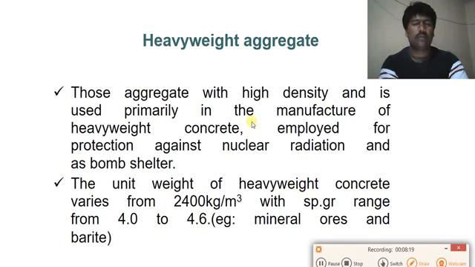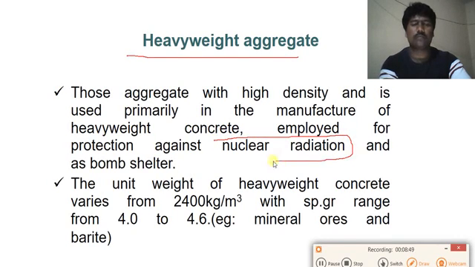These aggregates are of very high density and used primarily in the manufacturing of the heavyweight concrete. The application of these heavyweight aggregates is protection against nuclear radiations and as a bomb shelter. So these are the main applications of the heavyweight aggregates.